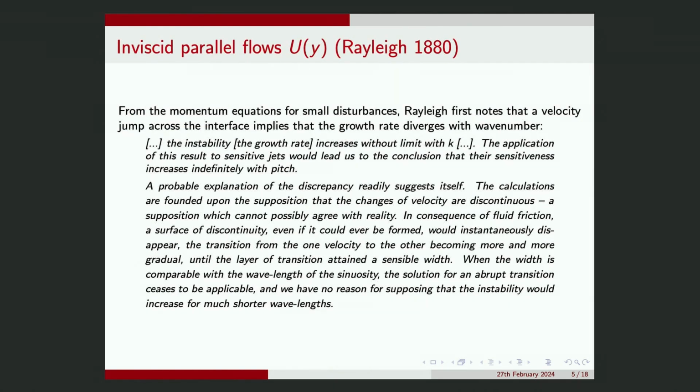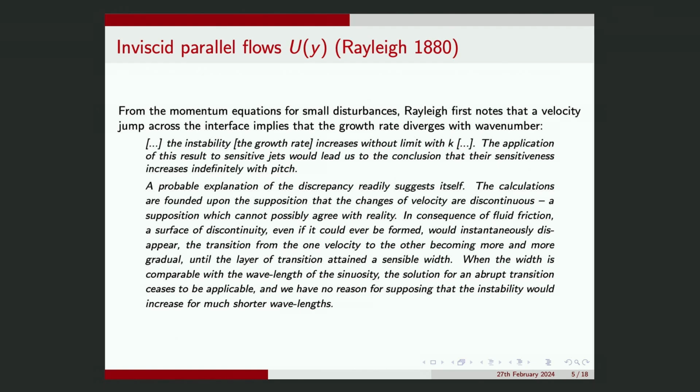The third important man in the story is Rayleigh, who a few years later studies the stability of inviscid parallel flow with a continuous velocity profile u as a function of the vertical, transverse direction.